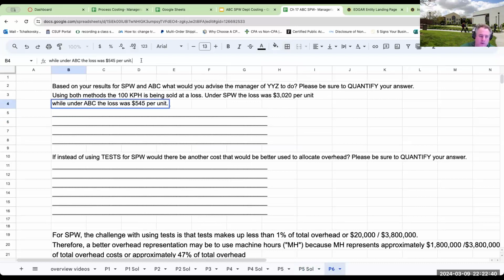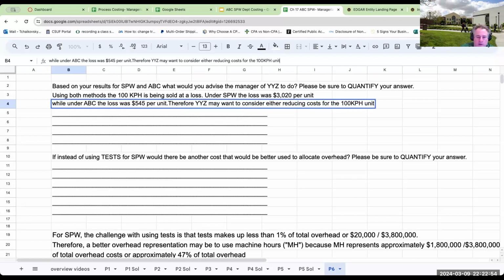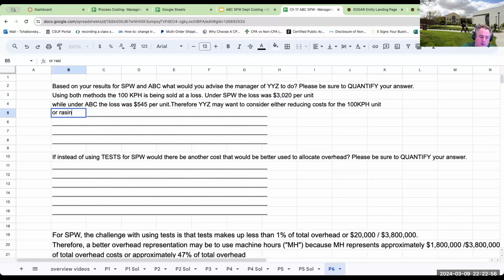So coming over here, therefore YYZ may want to consider either reducing costs for the 100 kph unit or raising prices for the 100 kph unit. Okay.